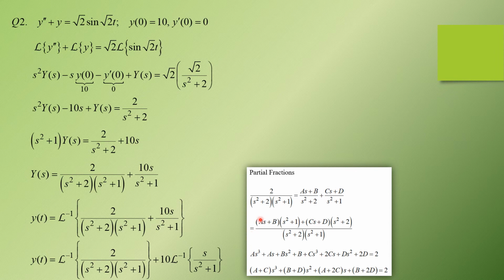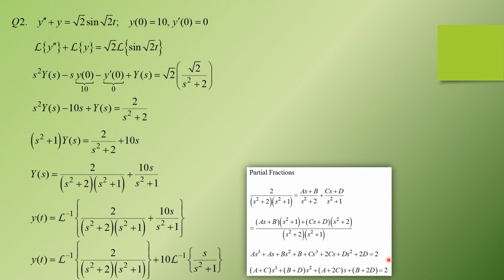In other words, the numerator on the left must be the same as the numerator on the right. So now I'm going to expand the numerator on the right side. We get a s cubed plus a s plus b s squared plus b plus c s cubed plus 2 c s plus d s squared plus 2 d, is equal to 2.